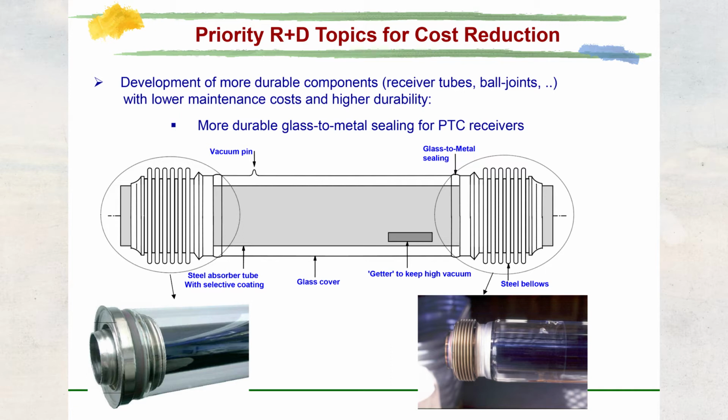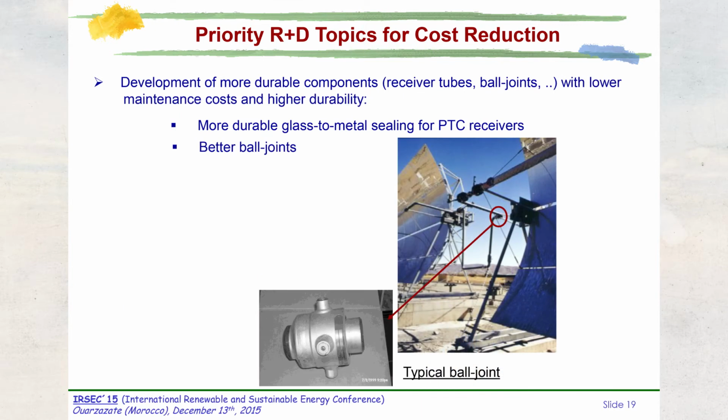Another key component are the ball joints. The ball joints are elements to allow the independent movement of adjacent collectors. So we need these elements. In these elements, we have a graphite packing inside in order to allow rotation of both sides.